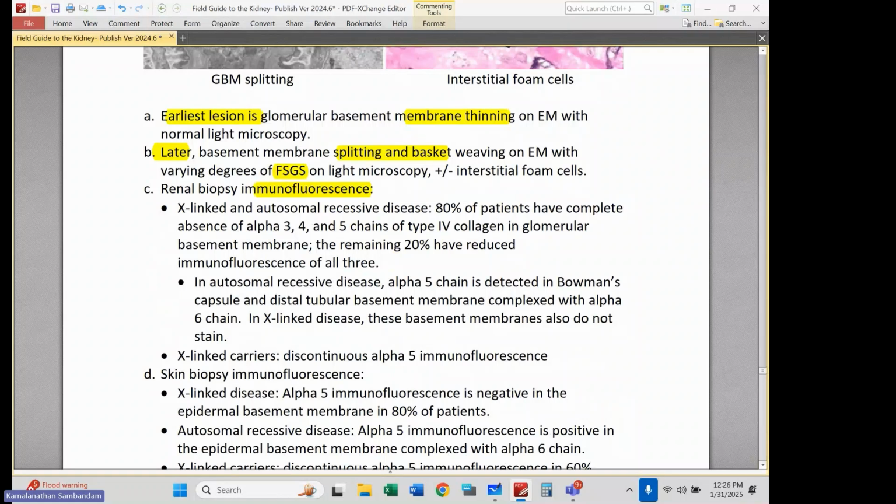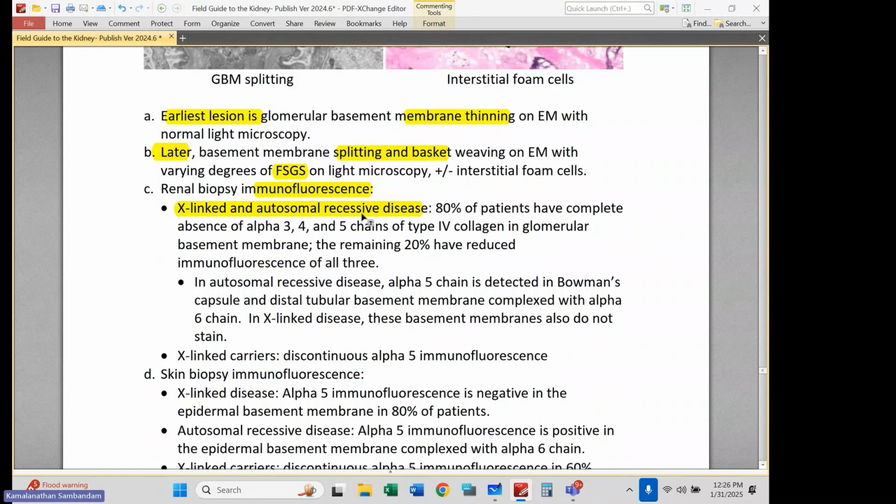Now, if I have X-linked and autosomal recessive disease, it means I have a mutation in both alpha-3 genes, or I have a mutation in both alpha-4 genes, right?